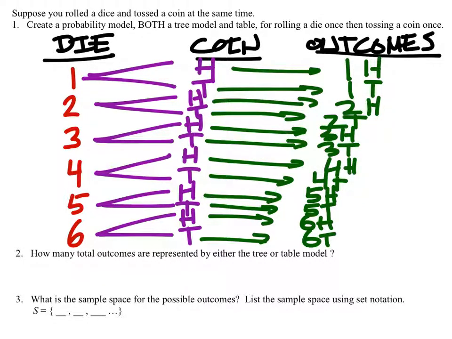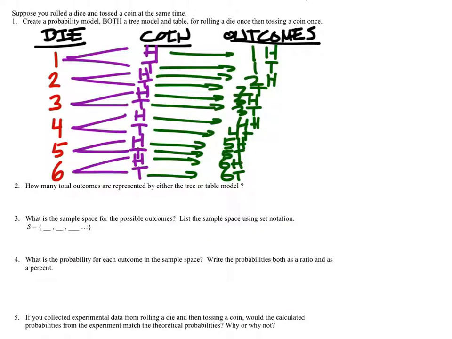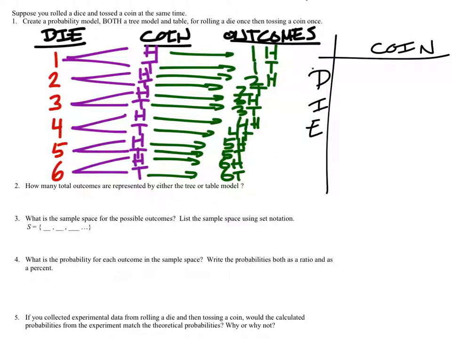And the area model may make even more sense. It's up to you, really. So for the table, I'll put the dice right here, and then the coin will be on the top. Okay, so for the coin and the dice, we got different outcomes. For the coin, it is possible to toss either heads or tails.